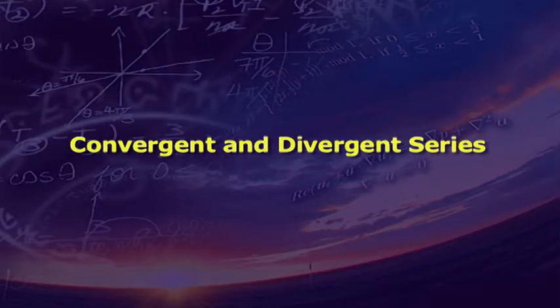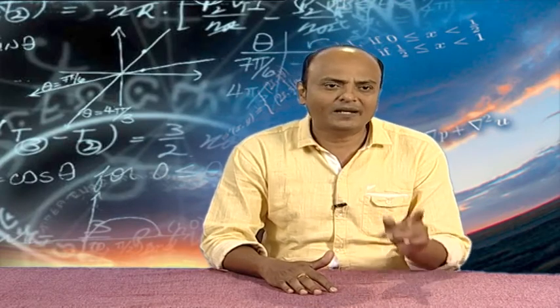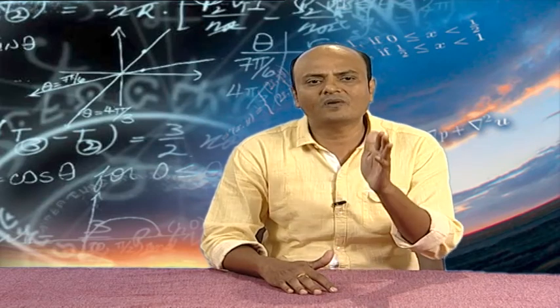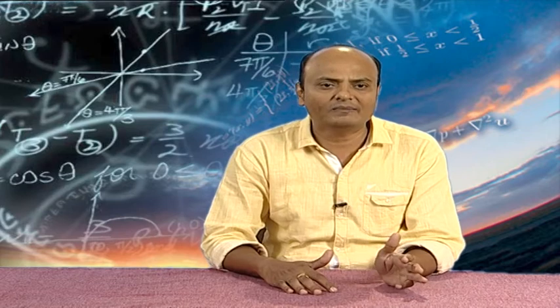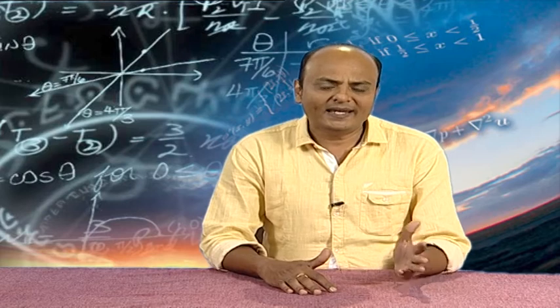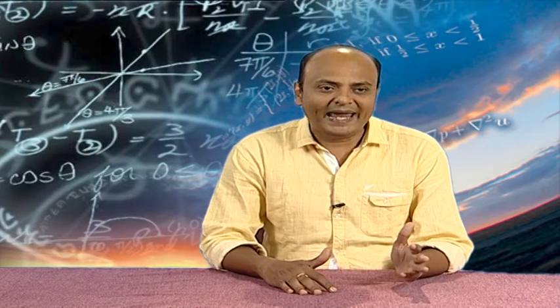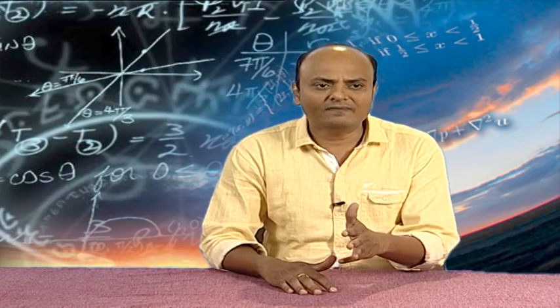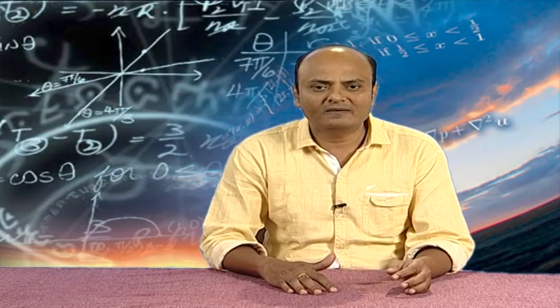About convergent and divergent series. Given a sequence xn, consider the finite sums of the type sk, which is equal to sigma xn, where n runs from 1 to k, for k belonging to the set of naturals. Then we say that the series sigma xn converges to a number L, and write sigma xn equal to L, if the sequence sk converges to L as k tends to infinity.